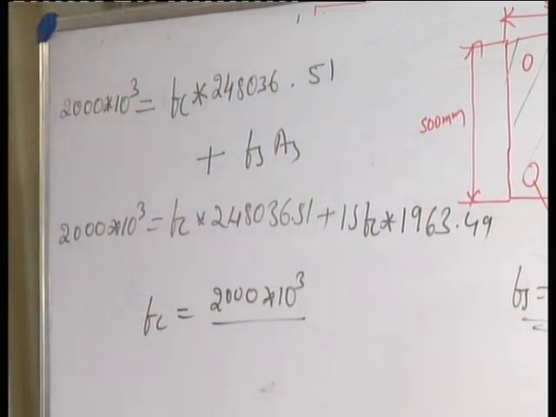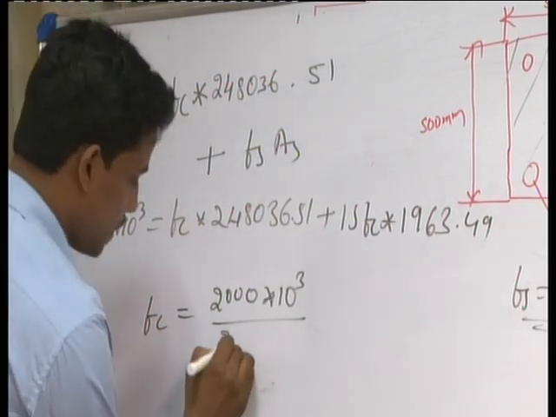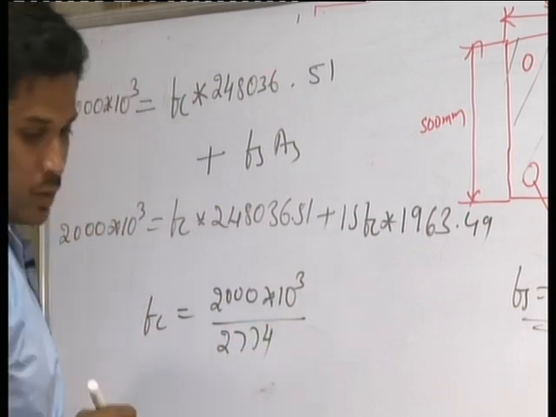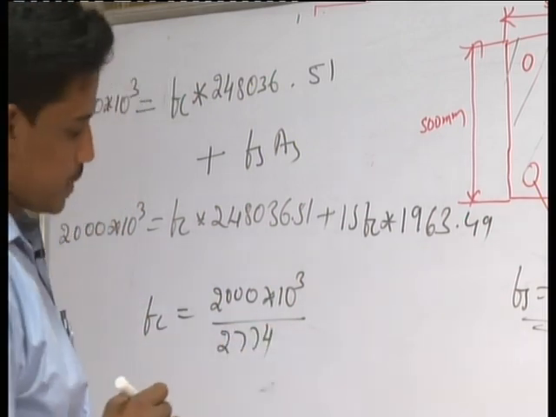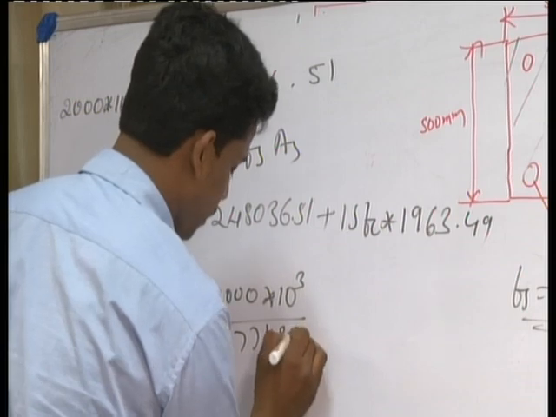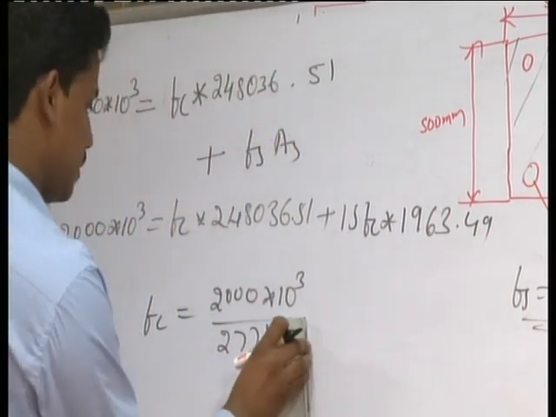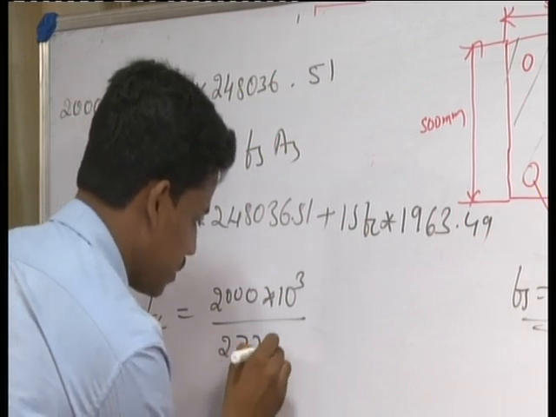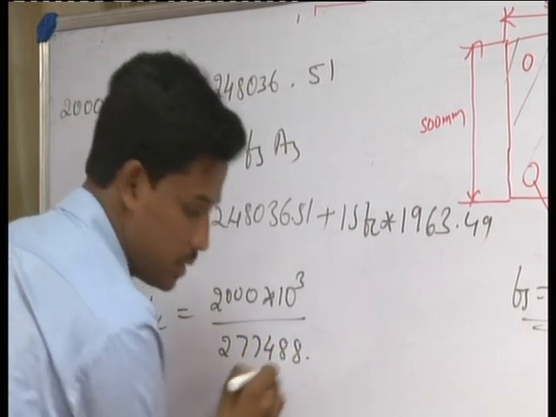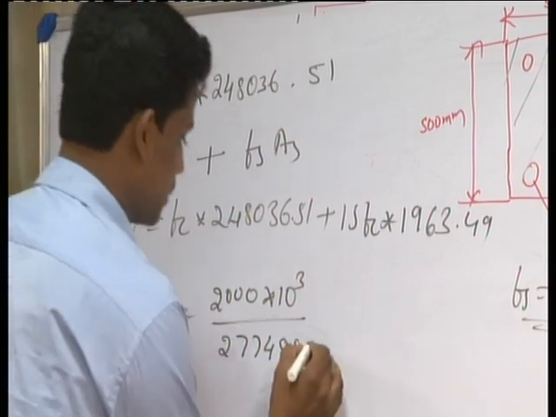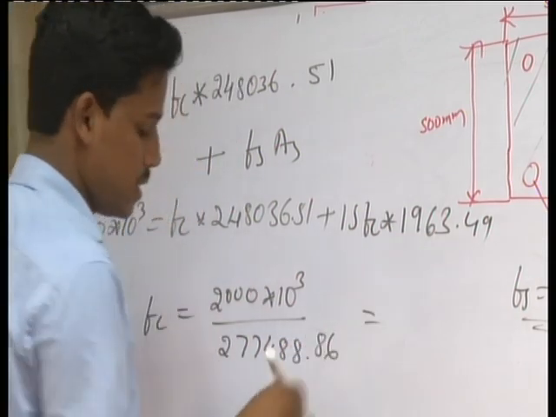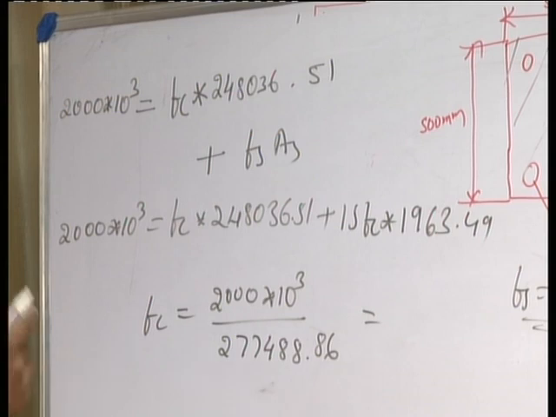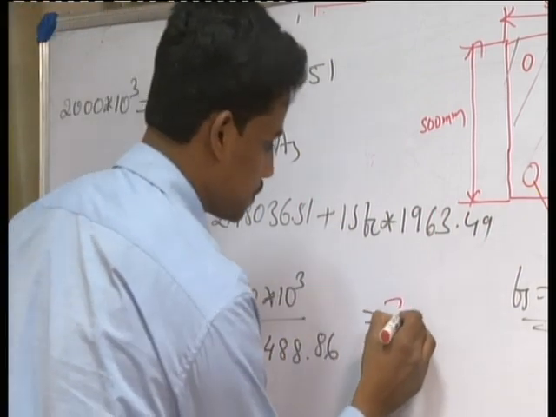Totally we will get the denominator as 277488.86.